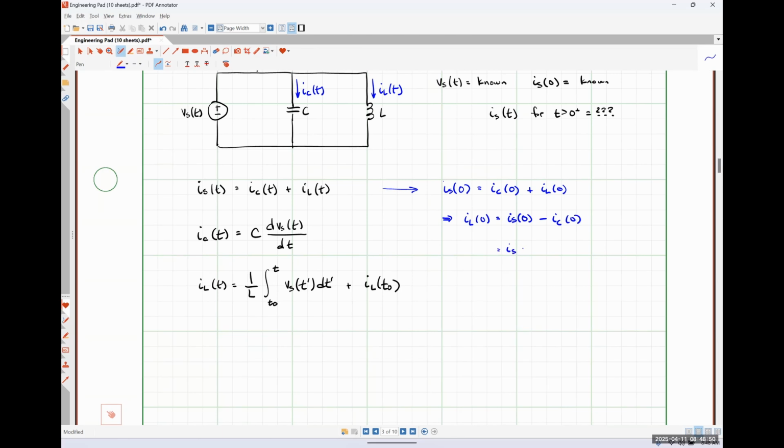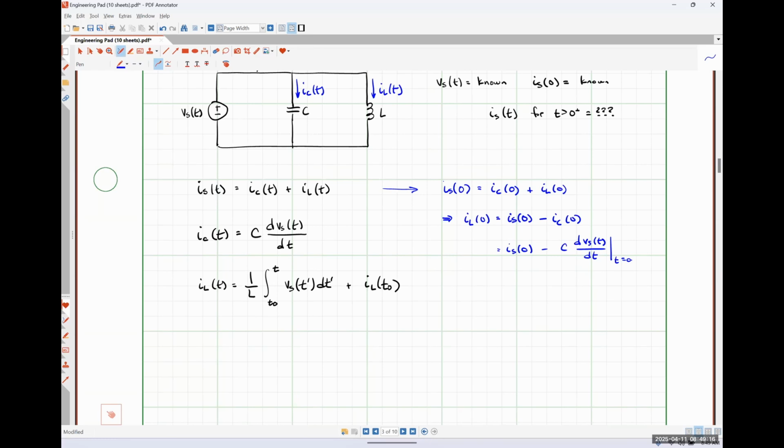So that's just IS at 0, which is a known thing, minus C dVs by dt evaluated at t equals 0. Essentially, if we find what IC is, we just plug in t equals 0, and that gives us our IC at 0.